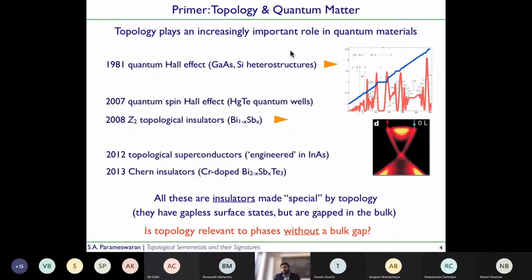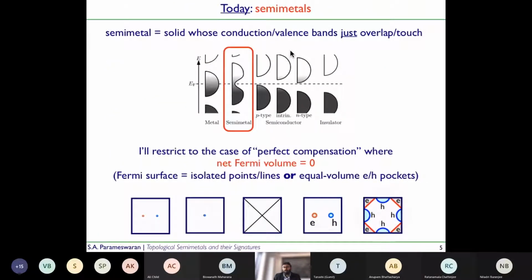And can topological aspects of that gapless bulk still somehow make it special and lead to interesting physics? So what I'll focus on today is, in some sense, the simplest example of a gapless bulk, which is a semi-metal.